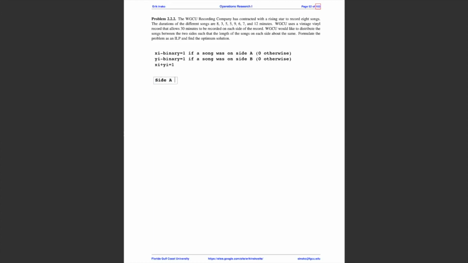And then if we record the second song, that would be 3 times x2, and so on. So if we add the products of the length of the song with each binary, if it was recorded or not, we should get a value that's less or equal than 30.